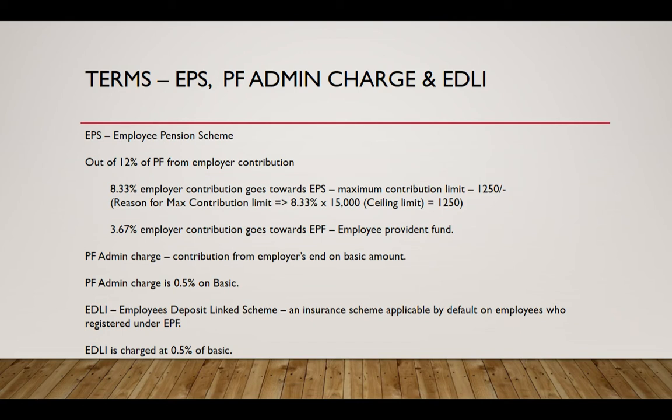The contribution towards EPS is limited to 1250 rupees. That is the maximum contribution which can go into the employee pension scheme. The reason for the limit is the ceiling defined by the government. So 8.33% of 15,000 is 1250.